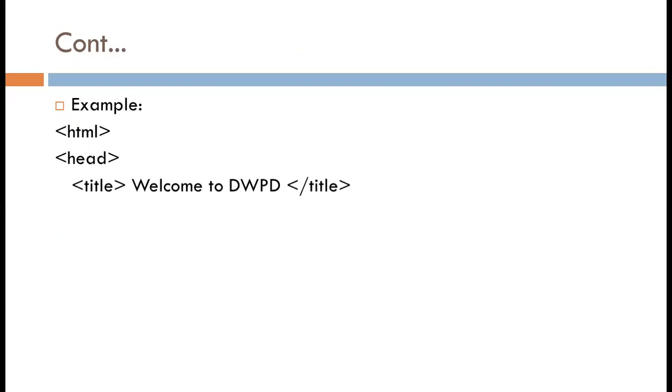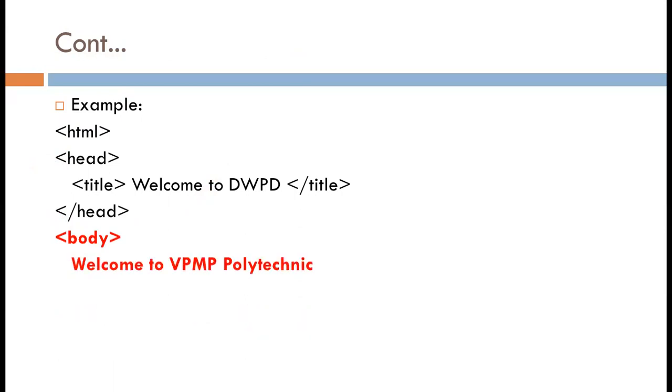Now, example of body tag. First html tag, then head, then title, then /head. Here the head tag is completed. Now start the body tag. Then Welcome to VPMP Polytechnic and /body and our web page is completed.